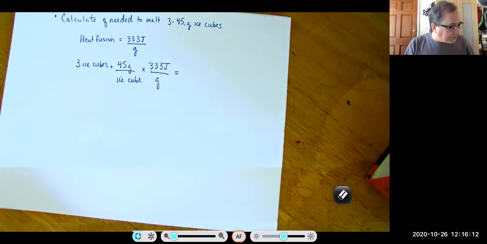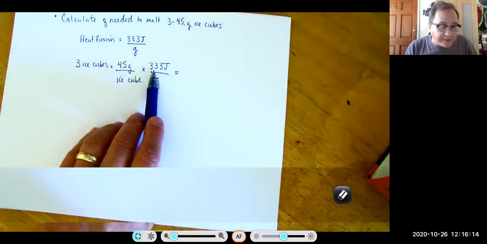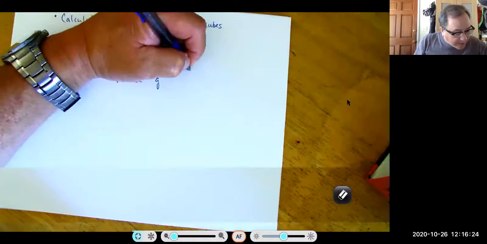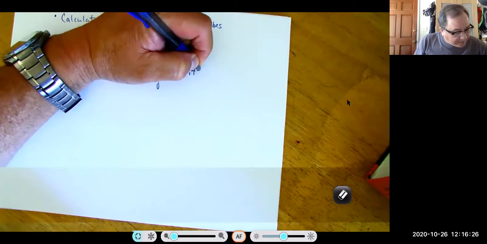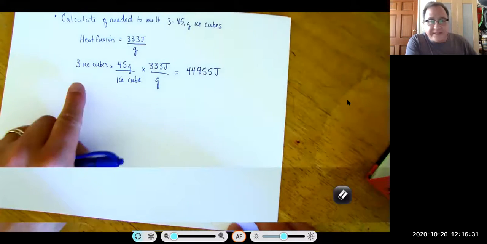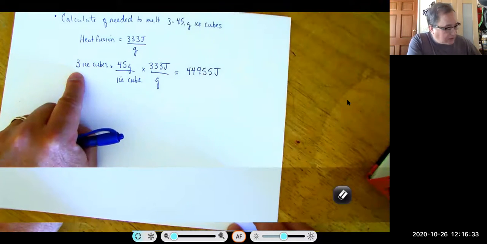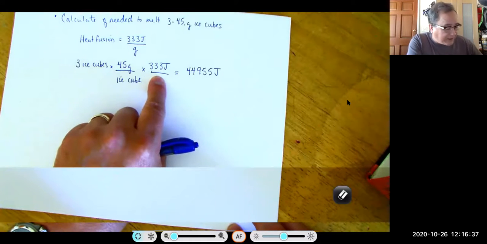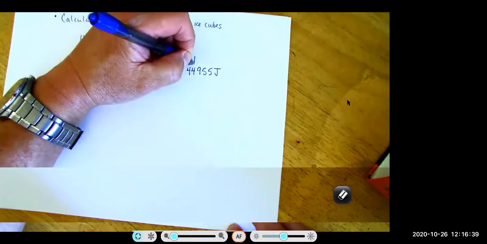So roughly speaking, 3 times 333 is 1,000, isn't it? And 1,000 times 45 should be close to 45,000. And I get 44,955 joules. Now, the 3 is exact. The 45 has 2 sig figs, and the 333 has 3 sig figs. So this is only really good to there.